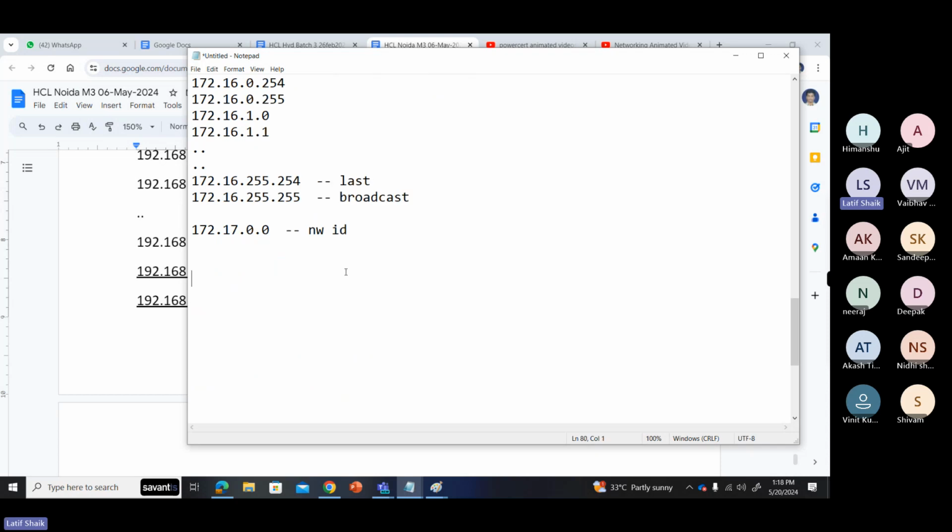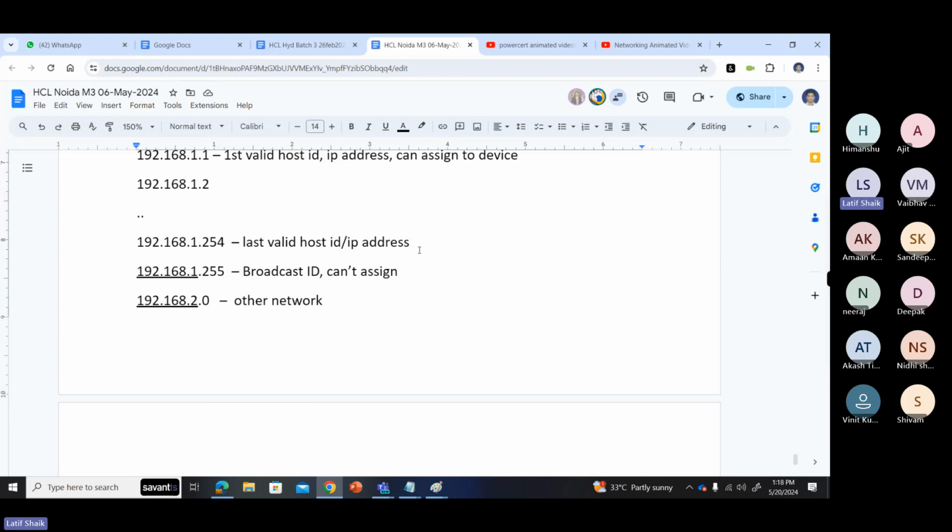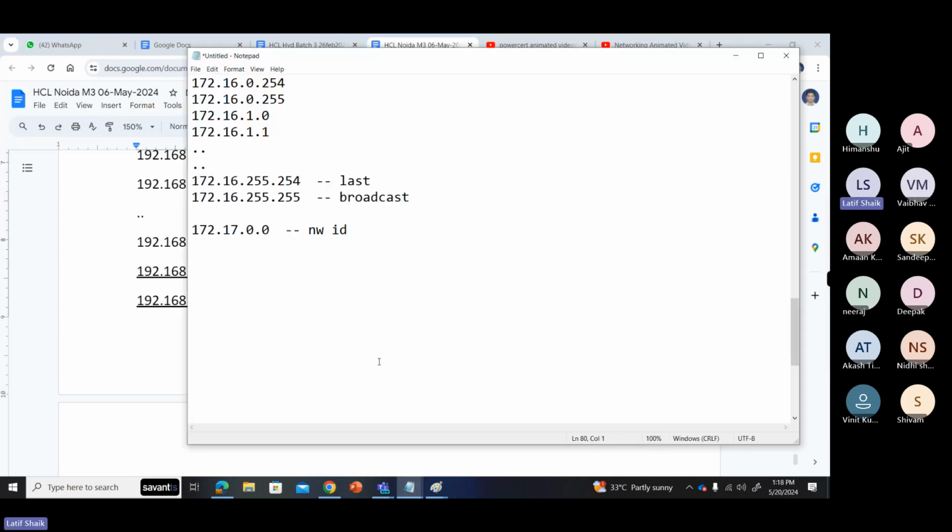It goes the same for class A also. Take 10.0.0.0 to 10.255.255.255. I will write. This is a network ID. And 10.255.255.255, what is it? Our broadcast ID. So what is the next one? This is another network.